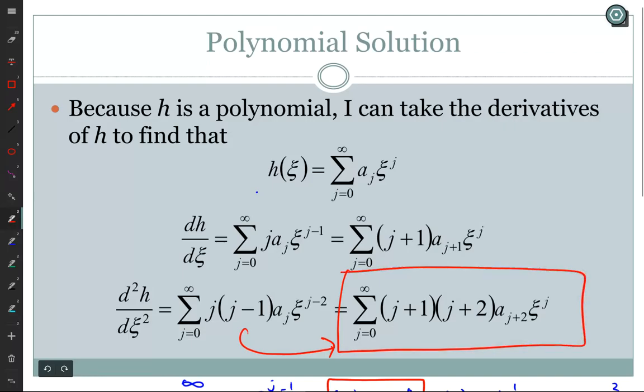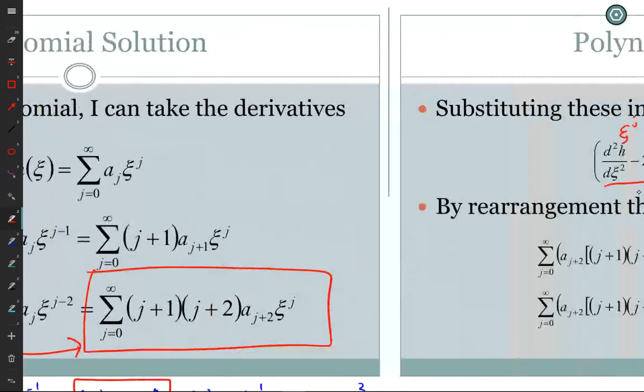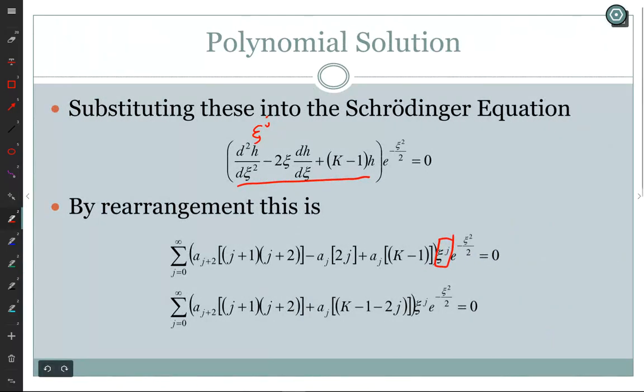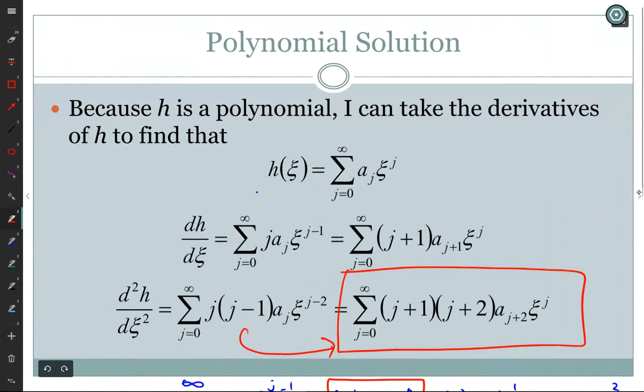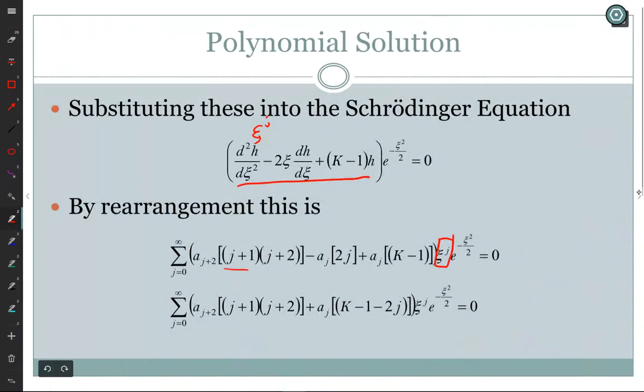So I have c to the j power. And so looking at that one, I have sum over j equals 0 to infinity, j plus 1, j plus 2, a sub j plus 2, and then we have summation at the front.